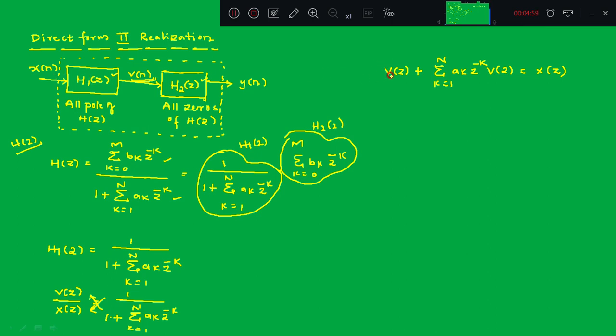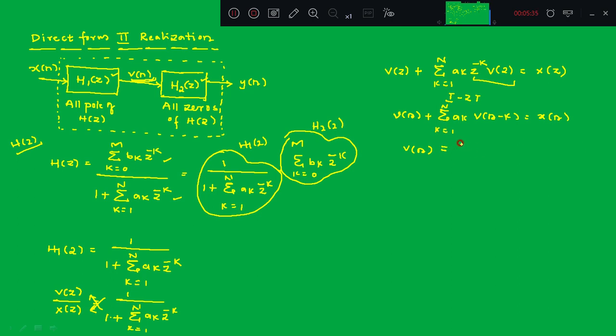So what you have to do here is again take the inverse Z transform. So what is the inverse Z transform? v(n) plus summation, I will write as it is, k equals 1 to N a_k, and what is the inverse Z transform of this one? It is v(n minus k) is equal to x(n). So I want to express the equation for v(n). I will keep only v(n) on the LHS and take all the remaining terms to the right side.